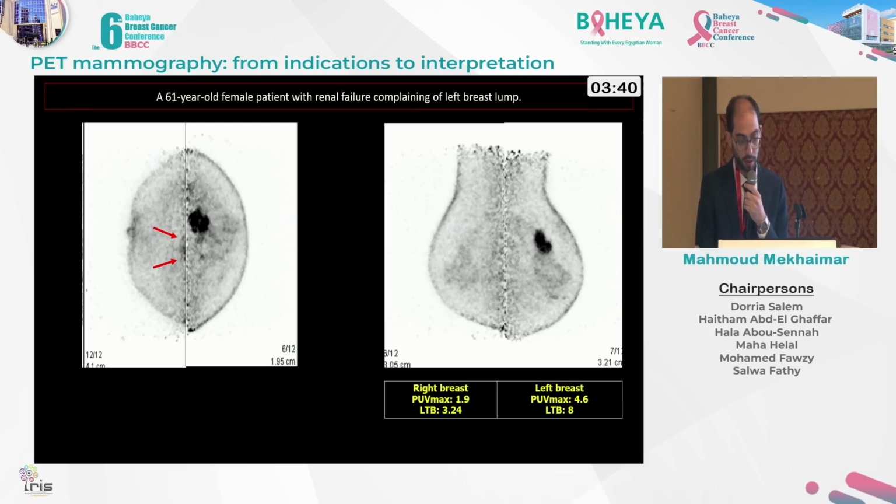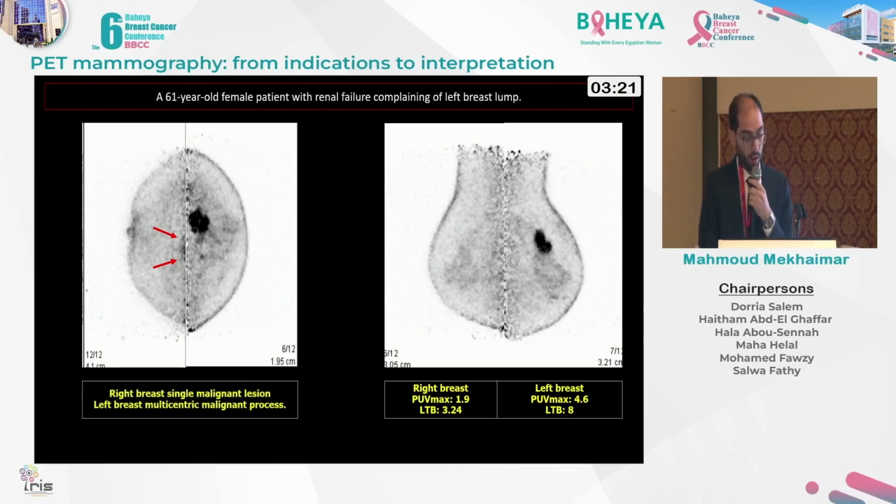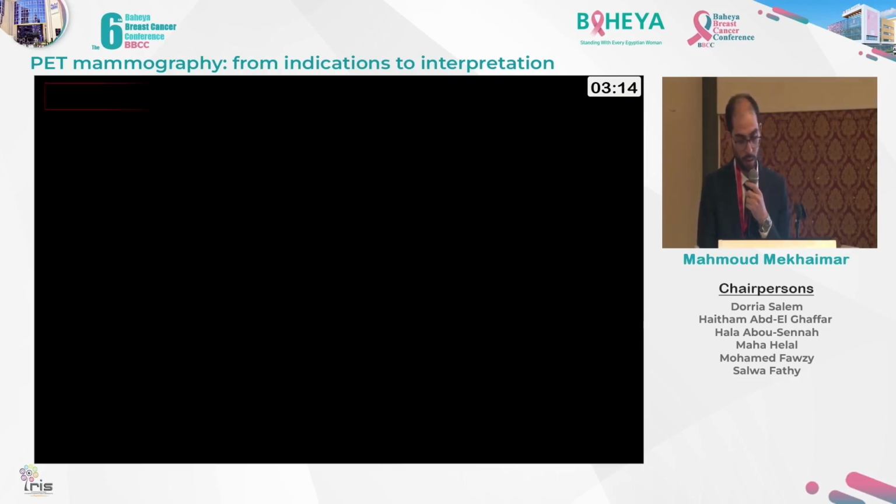Also, a left breast upper outer quadrant regular FDG avid lesion reading SUV max 4.6 and LTB, with associated small FDG avid nodules and non-mass FDG uptake of intervening parenchyma denoting infiltration. Pathology revealed right breast single malignant lesion and left breast multicentric malignant lesions.